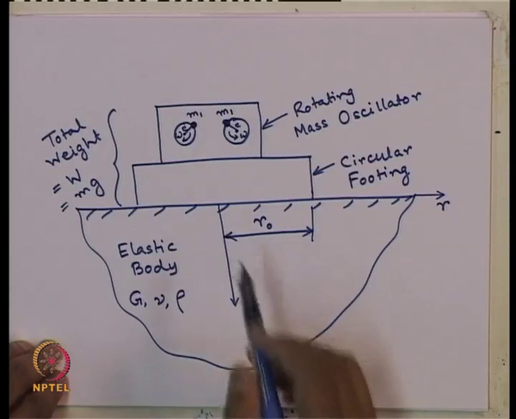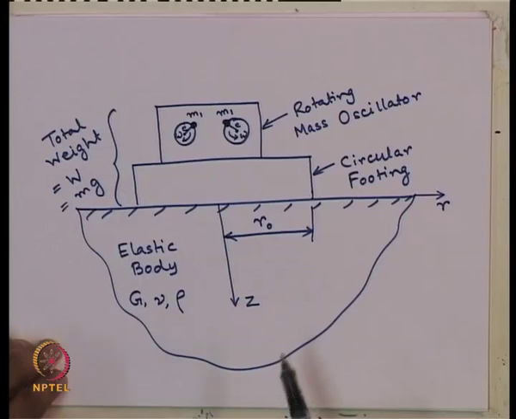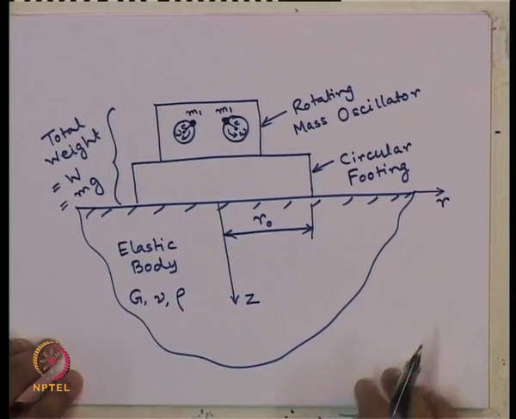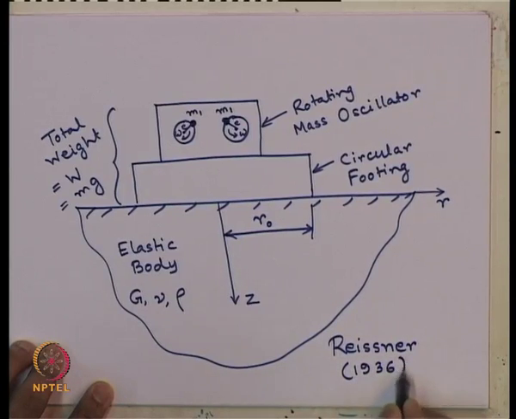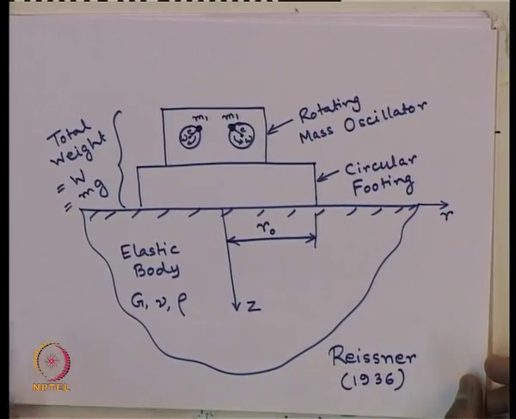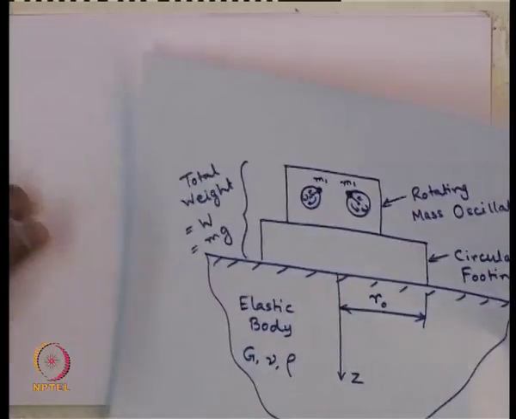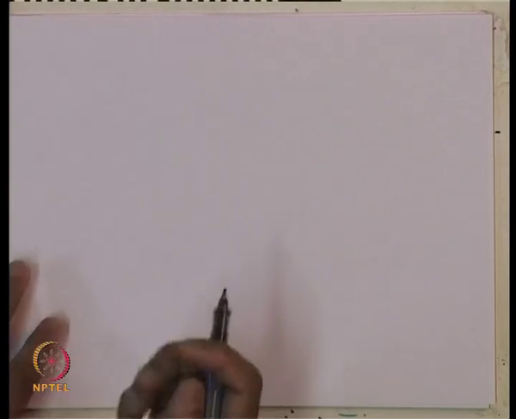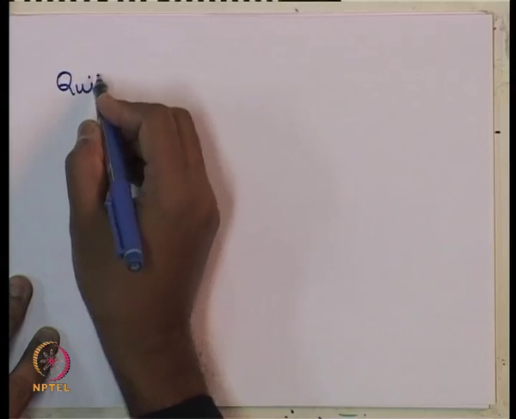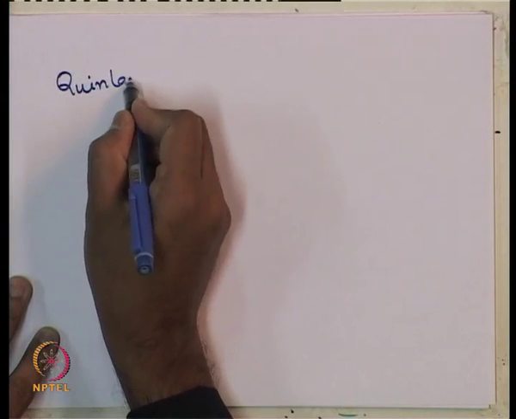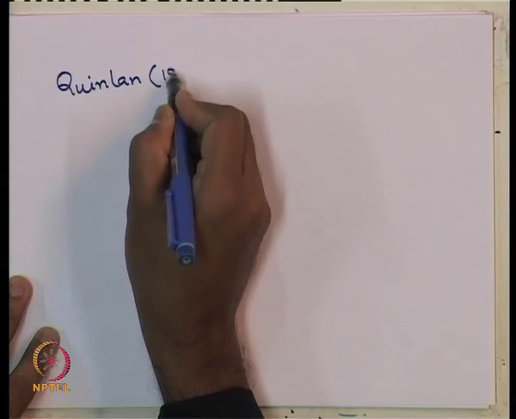So, the vertical displacement when it is subjected to vertical mode of vibration for this type of model, as originally proposed by Lysmer in 1936, was further analyzed and given by two researchers differently from different places, but their format was the same.